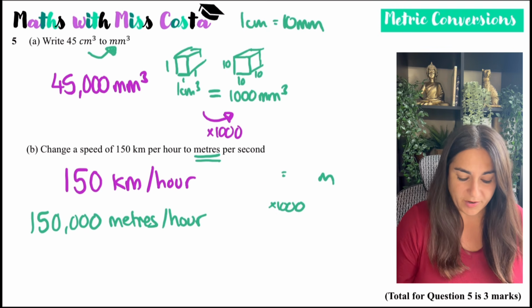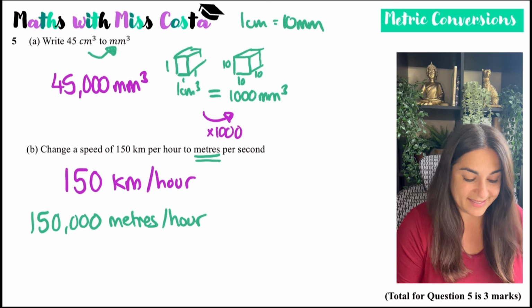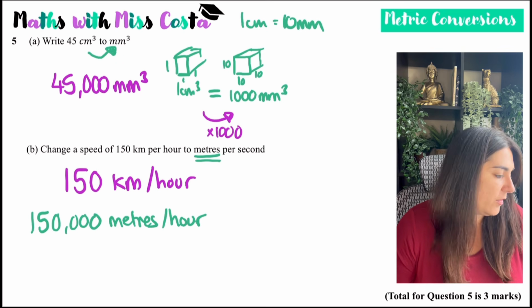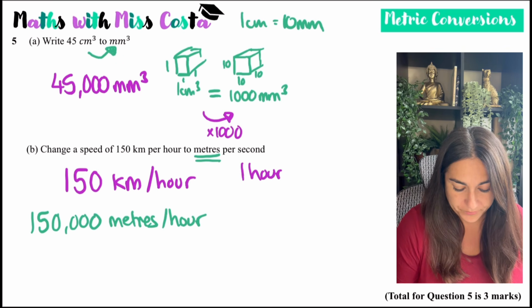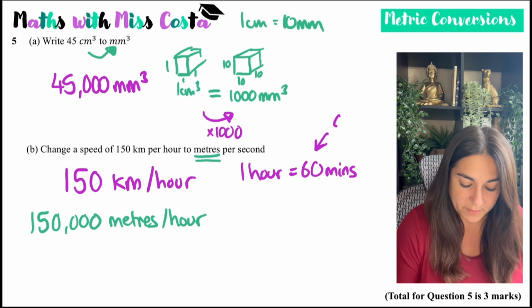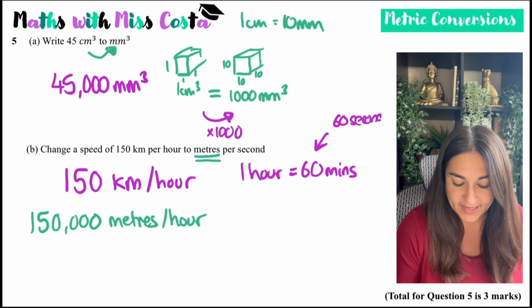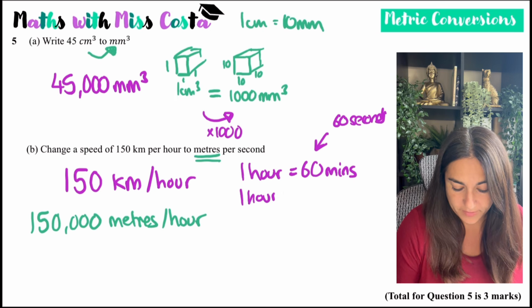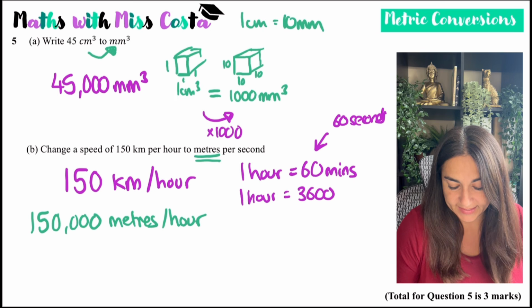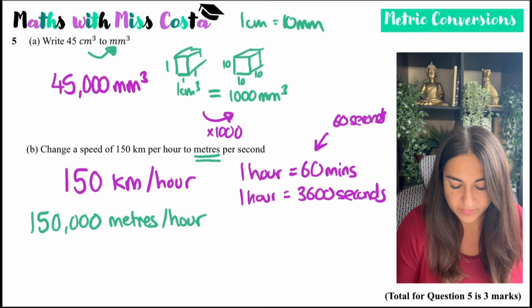Now, some of you might know how many seconds there are in an hour, but if we didn't, we know that 1 hour is 60 minutes, and in 1 minute there are 60 seconds. So therefore, 1 hour must be 3,600 seconds.